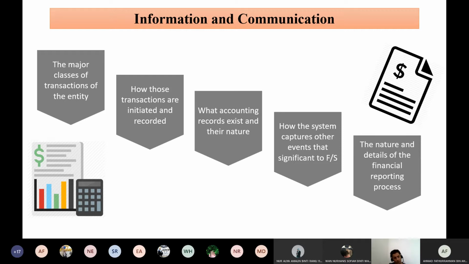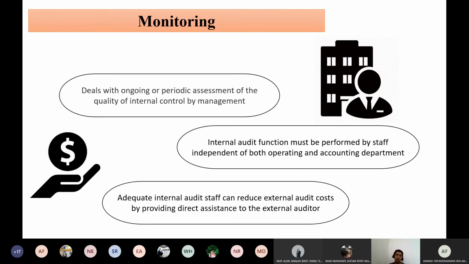So did they record and classify it in the right place, and how does the system capture other events that are significant to the financial statements, which are not included in the major classes of transactions of the entity. Okay, so now we move to the last component of the COSO framework, which is monitoring.